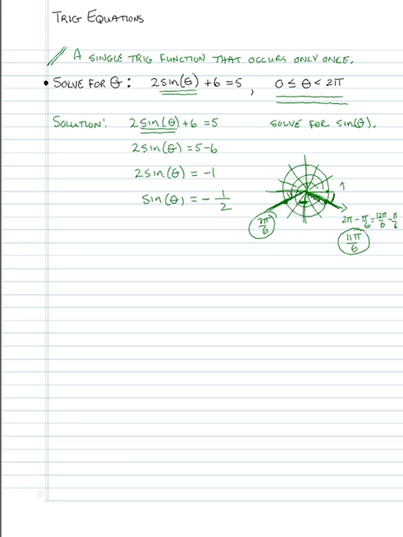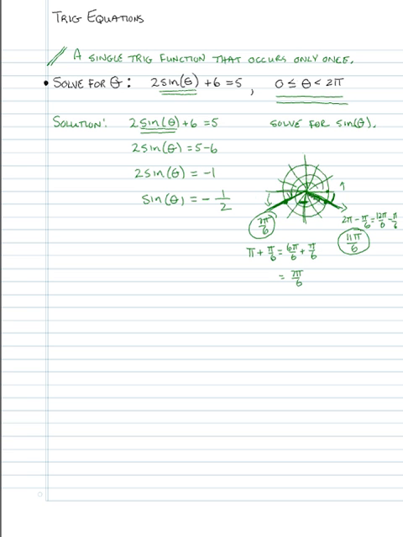Now we also pass this position, which is 7 pi/6. Another way to have thought of that is that we're pi/6 beyond pi. So if we take pi and add pi/6 to it, we will get 7 pi/6, because pi is 6 pi/6, and we're a pi/6 in addition to that, which is 7 pi/6.